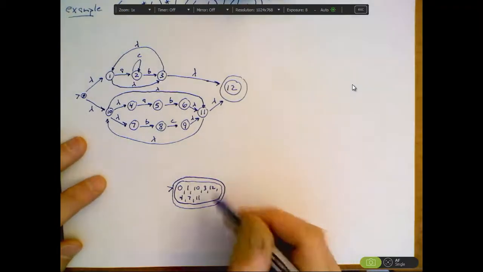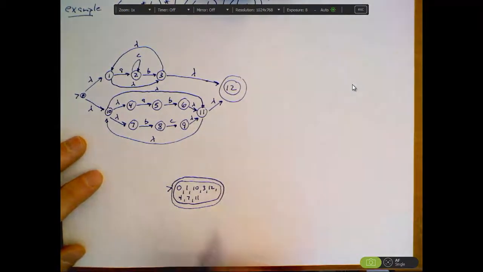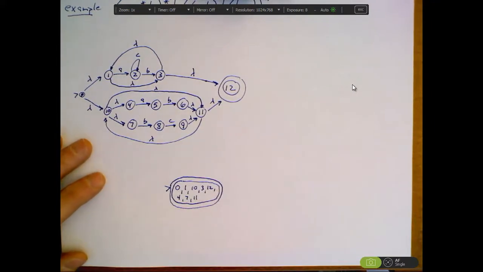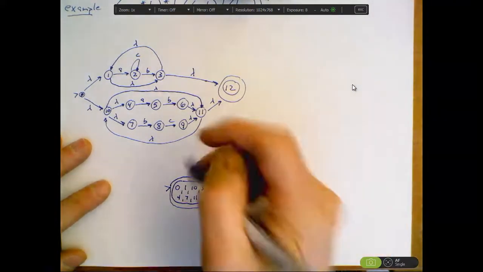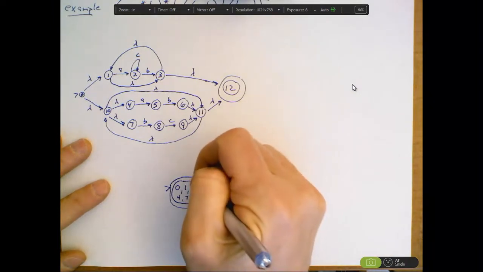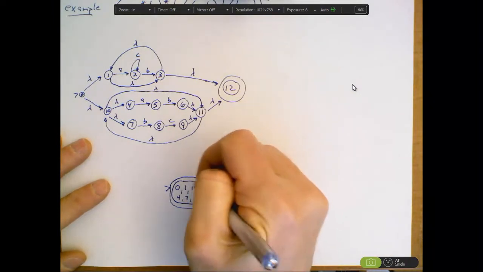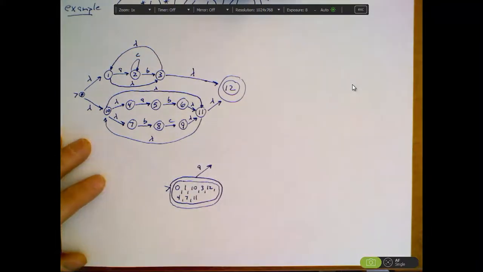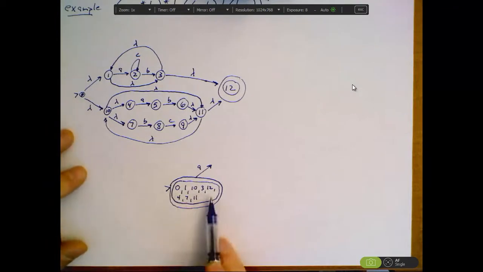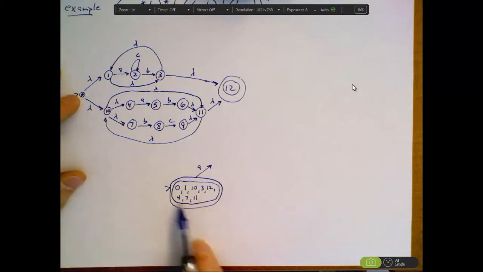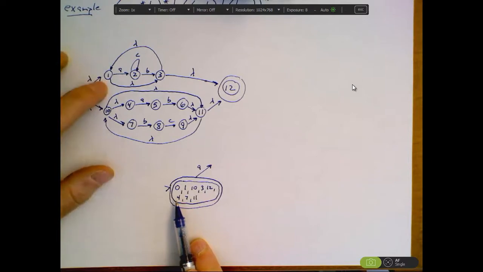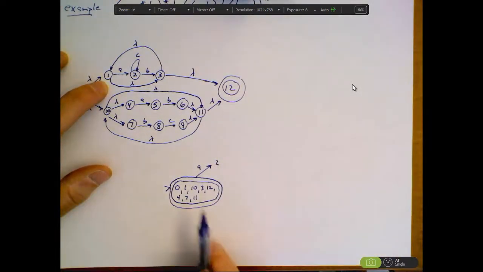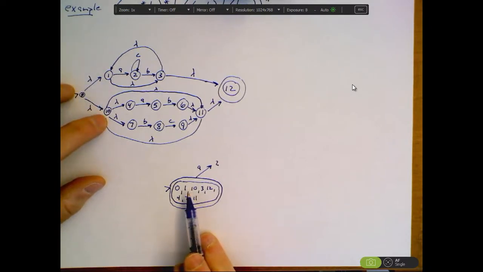Now I want to explore on all input symbols, where can I get from this state? So let's start with A. On A, where can I go? I have to look, where am I? I'm in all these different states, so I sort of have to explore. In state 0 on A, I can't get anywhere. State 1 with an A, though, I can get to 2. State 10 on an A, can't get anywhere.